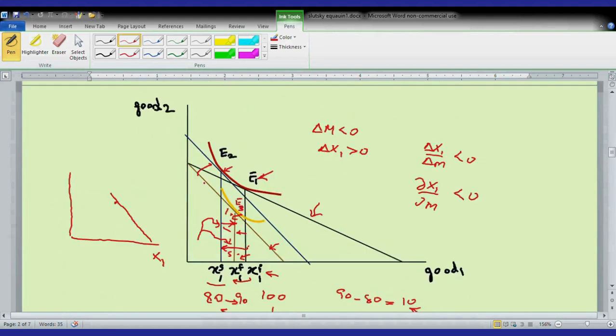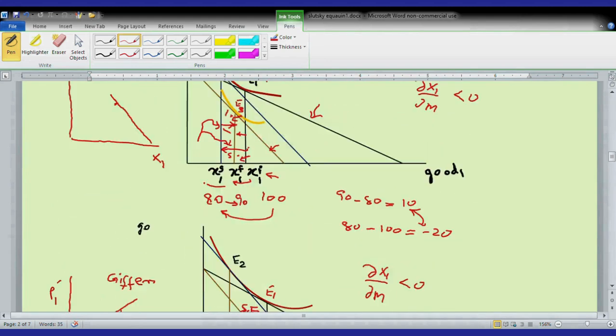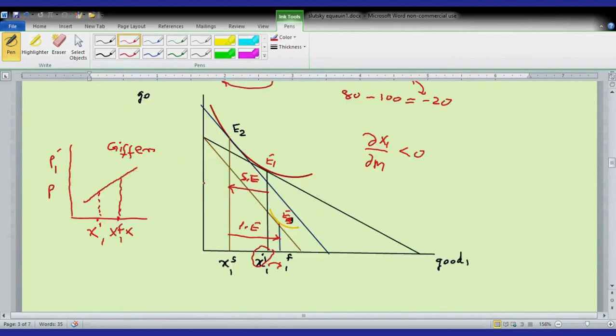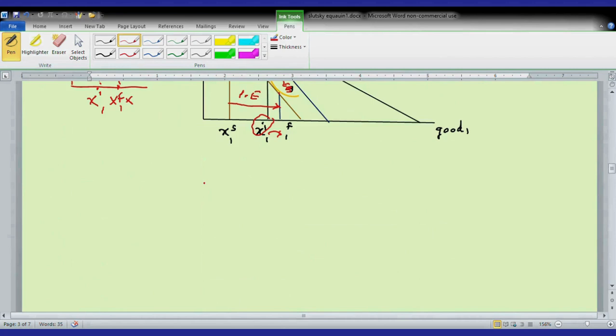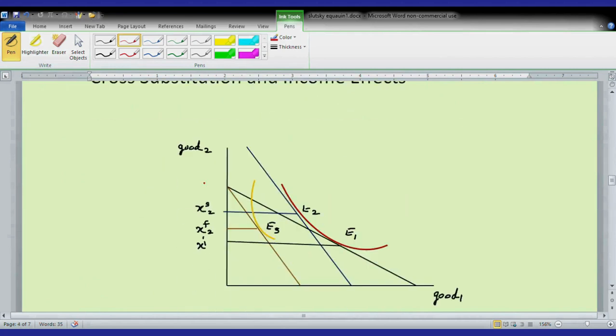This is something that is true about the income and substitution effect in the case of good one of which the price had increased.